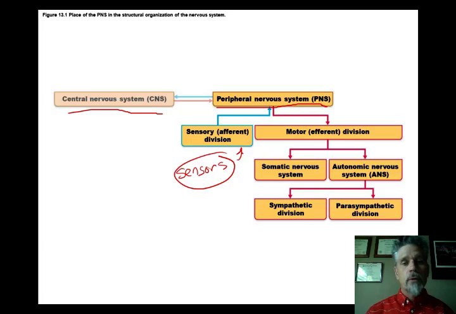Also, the motor or efferent division. We saw that there's somatic, there's autonomic, and the autonomic has its two divisions, sympathetic and parasympathetic. Remember sympathetic? The phrase that goes with that is fight or flight. Parasympathetic, rest and digest, like the gas pedal and the brake.